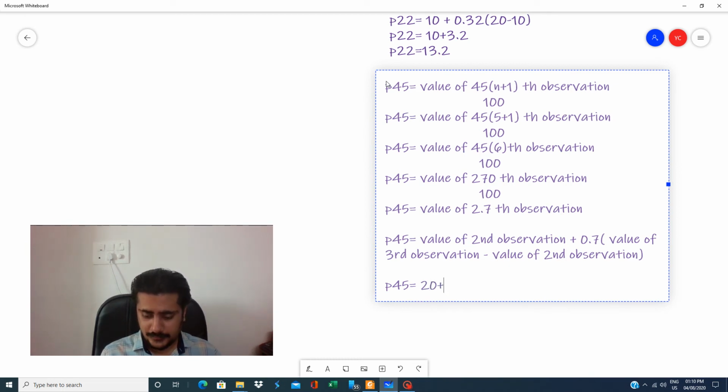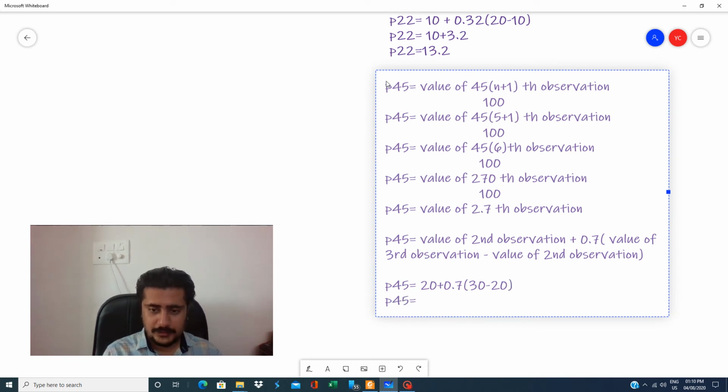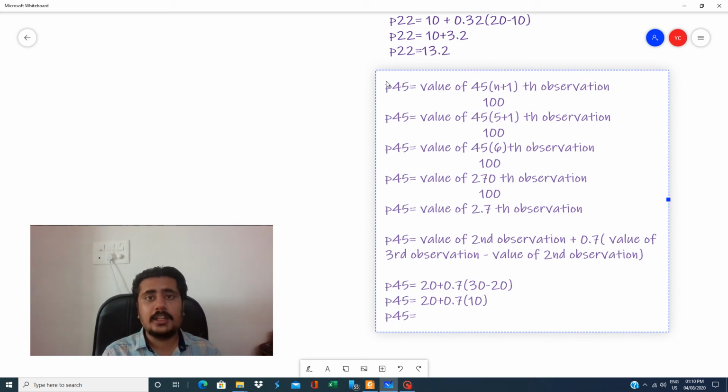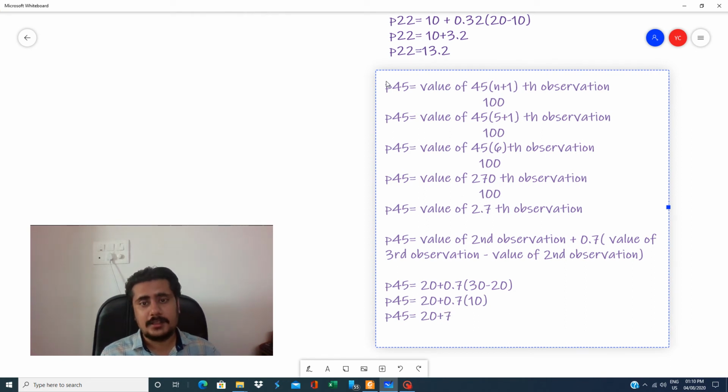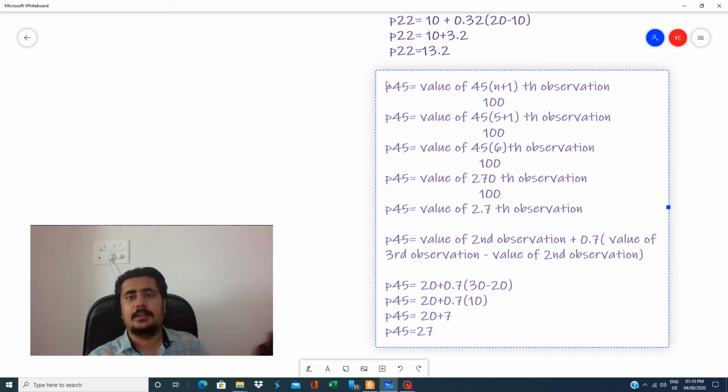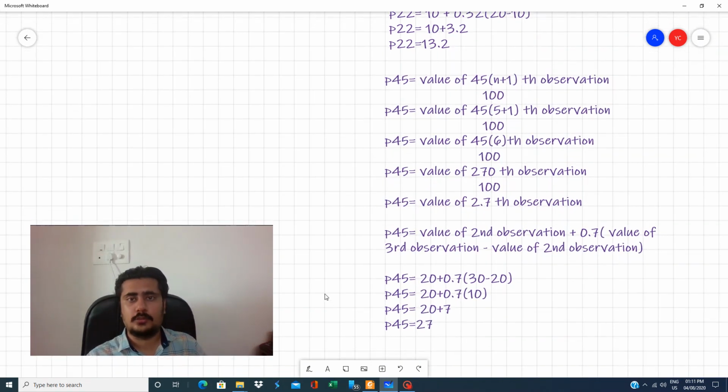So it's 20 plus 0.7 into, now value of third observation. What is value of third observation? 30 minus second observation 20. P45 will be 20 plus 0.7 into 10. So your P45 will be 20 plus 0.7 into 10 is 7. So your P45 will be 27. Yes, we have solved P45 also.